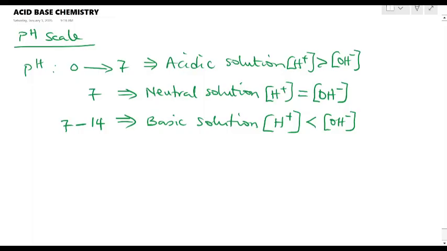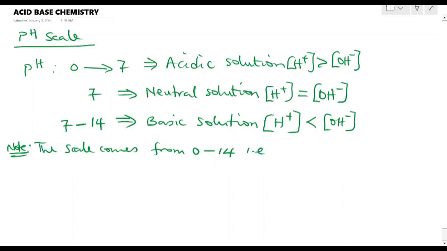So note that the scale comes from 0 to 14.